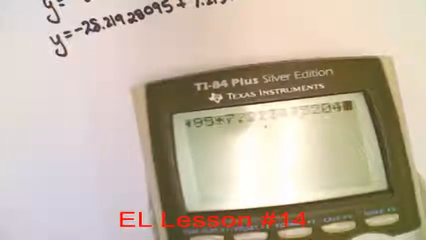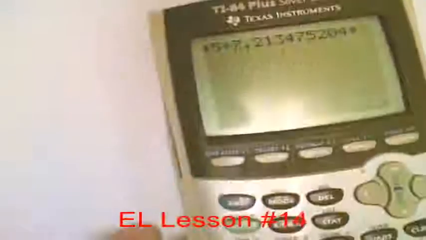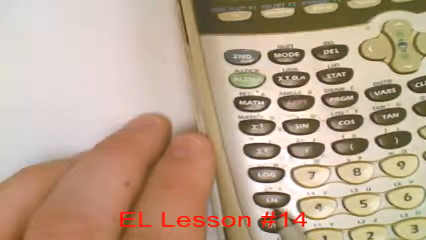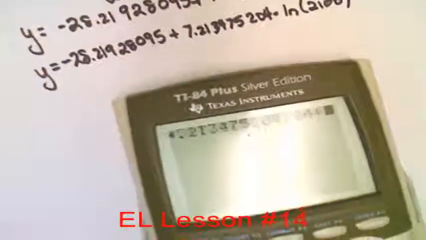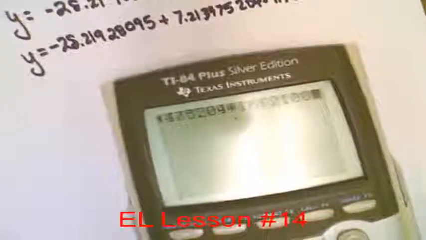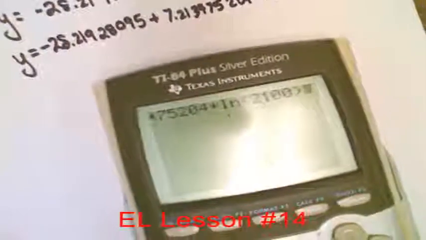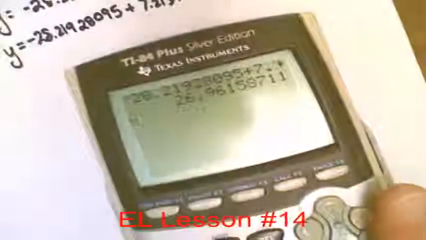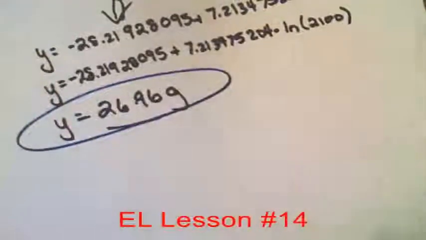When I go to type that into my calculator, I'm just showing it here: negative 28.21928095 plus 7.213475204 times, you use the natural log, this button here, ln.